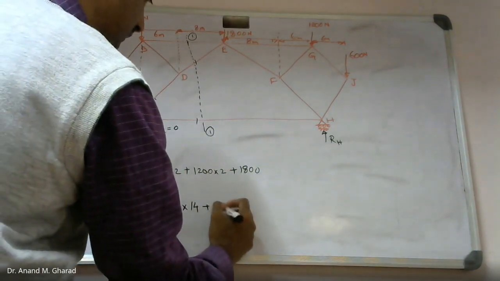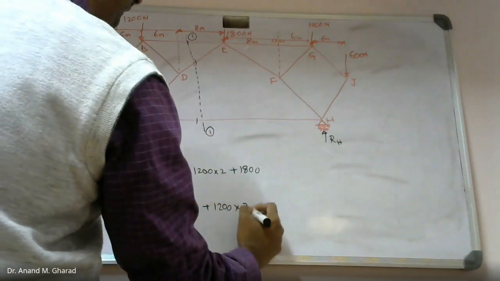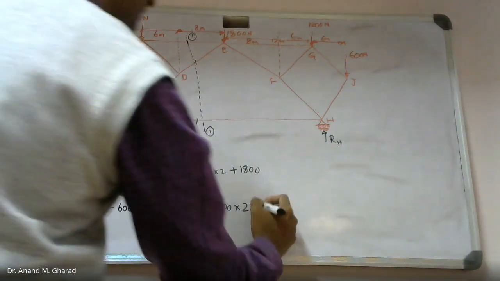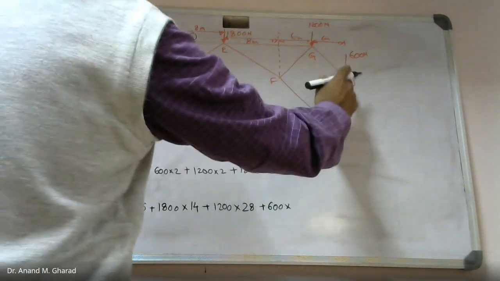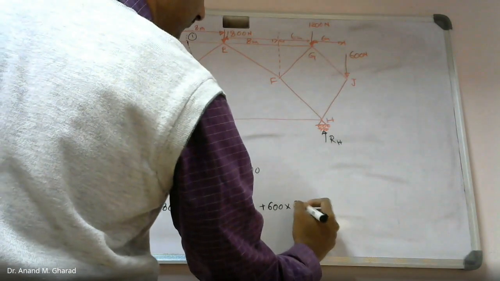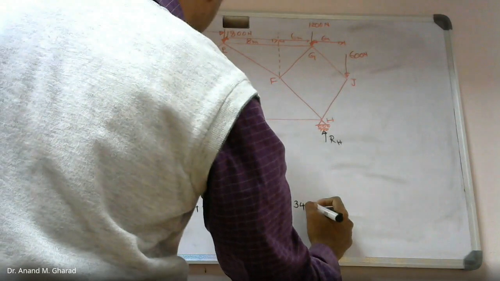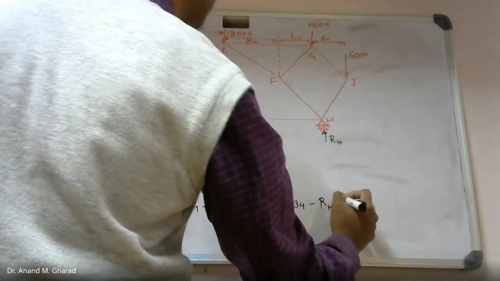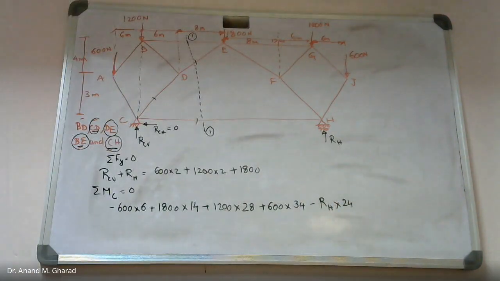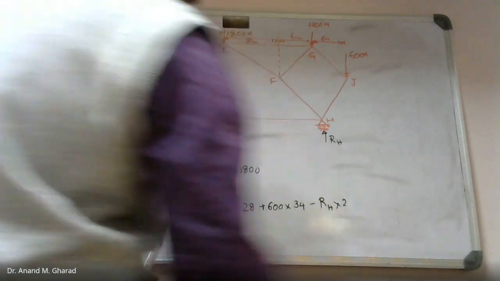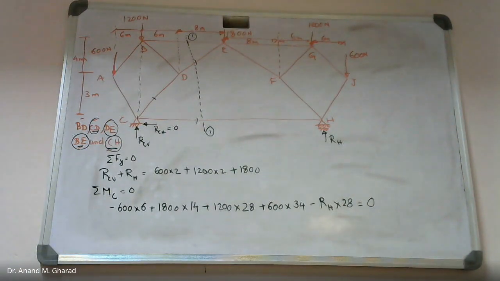Then plus 1200 into how much will be this distance? 28. Then plus 600 into 28 plus 6. And minus RH into 28. Am I right? Is this fine? Just check, verify.